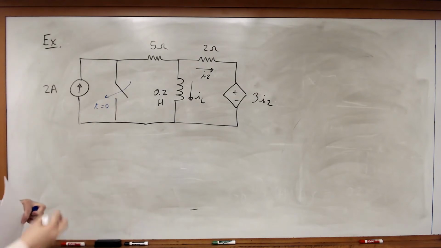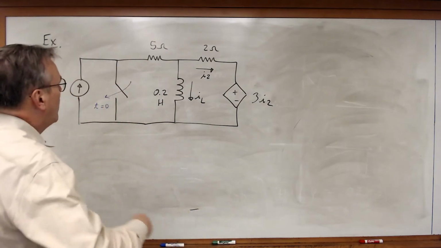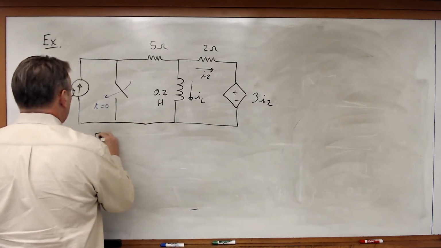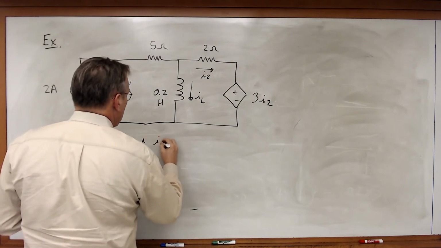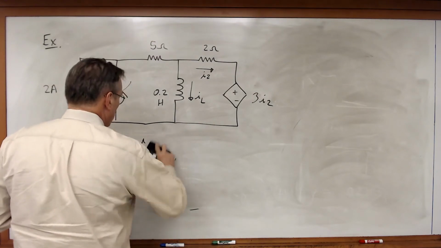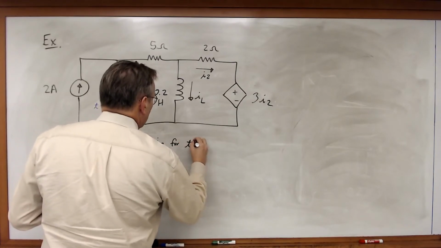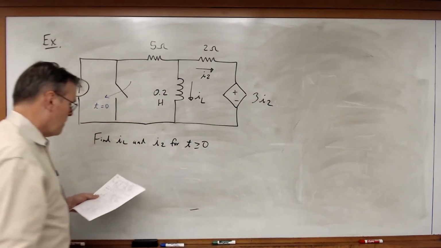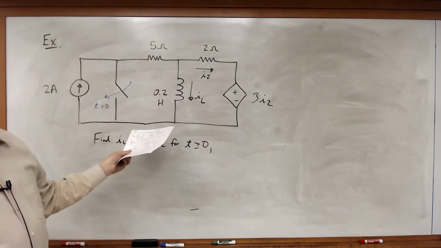So a little bit different for this one. In this case, I want to find IL and I2, both of those currents, for t greater than or equal to 0. Once again, assuming steady state operation for t less than 0.